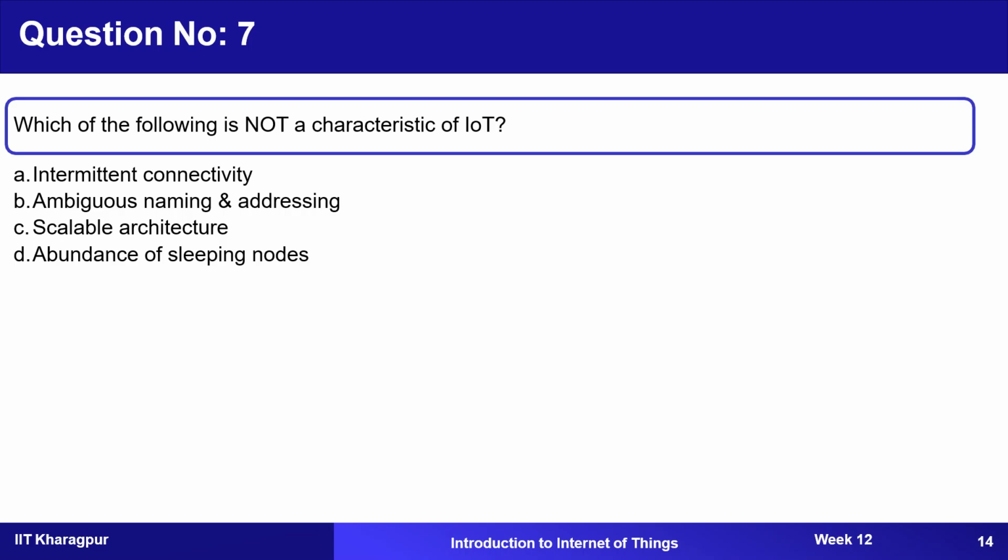Abundance of sleeping nodes. Why? Because in an IoT network there are various sleeping nodes which are not performing anything, and whenever the active nodes' battery gets low, the sleeping nodes come into existence and start working.